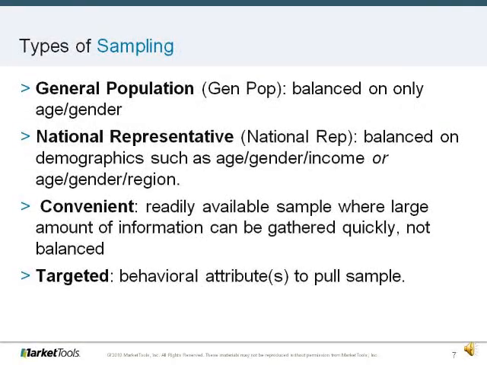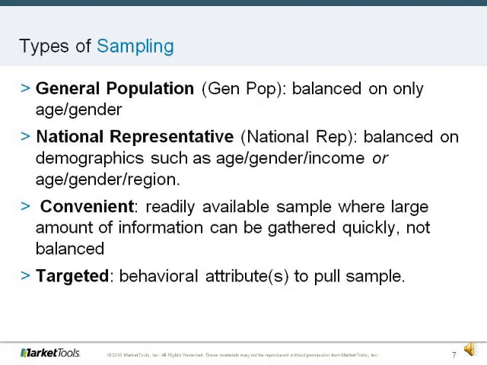Here are a few of the most basic types of sample for you to choose from. We'll start with Gen Pop. It's a sample of the general population, and it's only balanced on age and gender. NatRep, on the other hand, is a national representation of respondents, which is balanced on a few more attributes, such as age, gender, and income, or age, gender, and region.